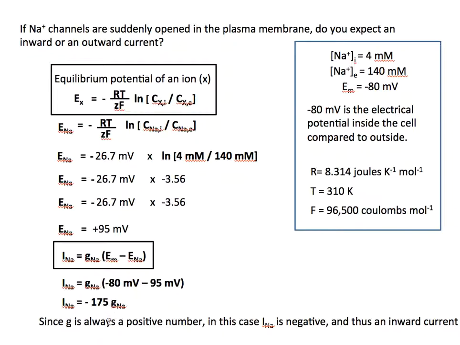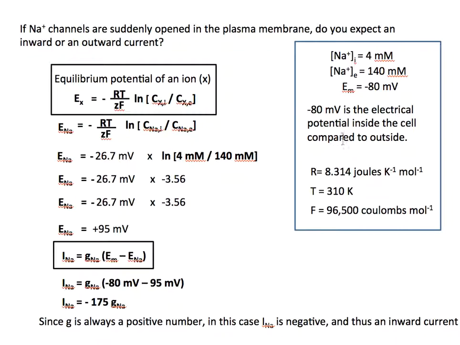GNa is always a positive number, so I is negative, and in order for I to be negative, it has to be cation coming in or an anion leaving. But we're talking about a cation, so it's going to be inward and it's going to be a negative current. And if you think about this, this is a huge number. Like the membrane potential is negative 80 and the equilibrium potential is negative 85. Whoops, what did I just say?